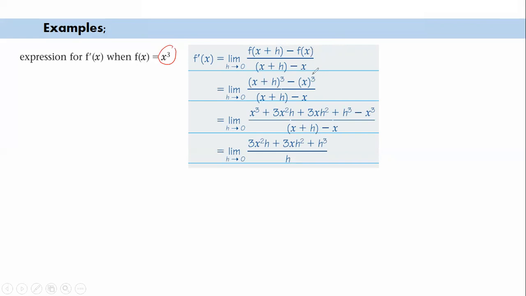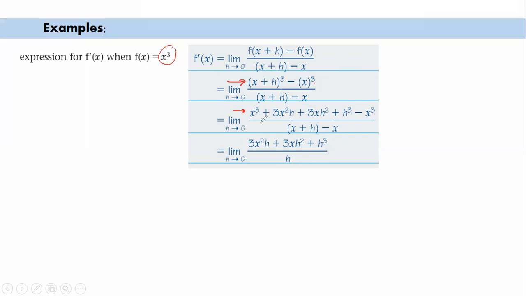So here, instead of f(x), we substitute x to the power 3. And when you substitute x plus h instead of x, we get (x plus h) to the power 3 over (x plus h) minus x. Now, we can expand this binomial expression using binomial expansion. You should be familiar with binomial expansion.